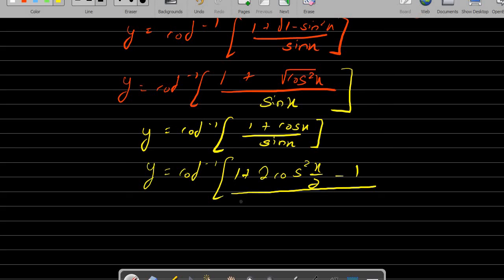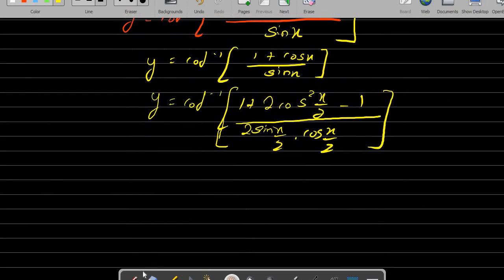Important substitution that I did. And this sin x would be written as 2 sin x by 2 cos x by 2. Now if you wouldn't have used this, you would have been roaming around the whole question, but you would never reach the answer. So this was a very important step.